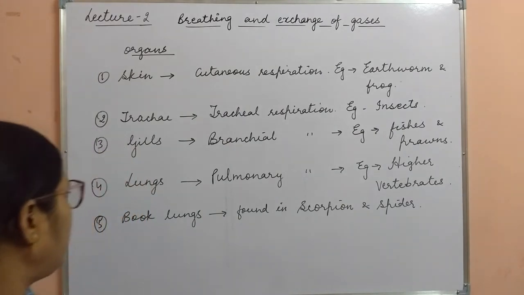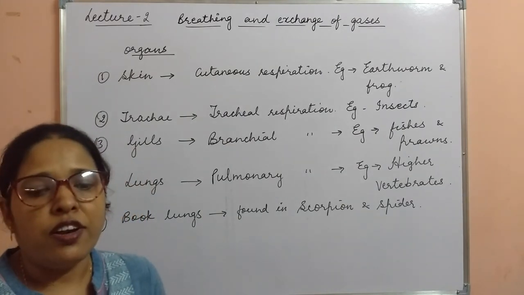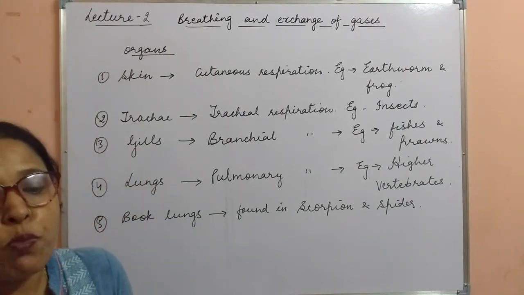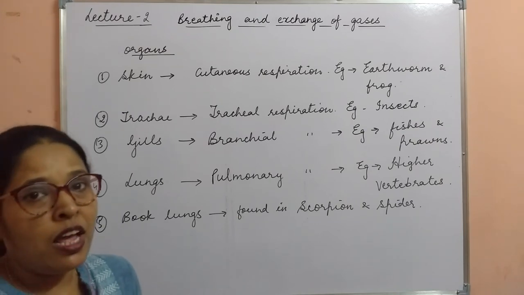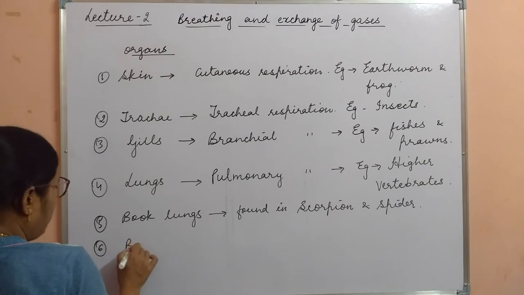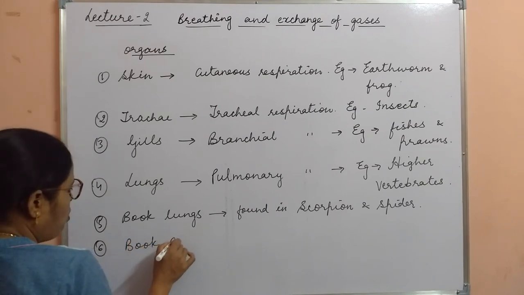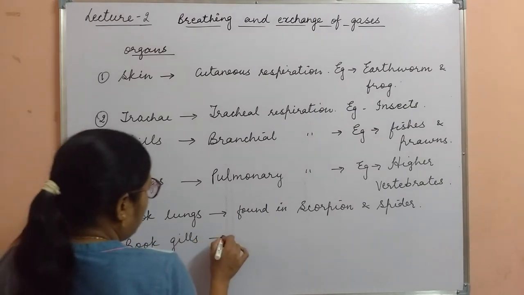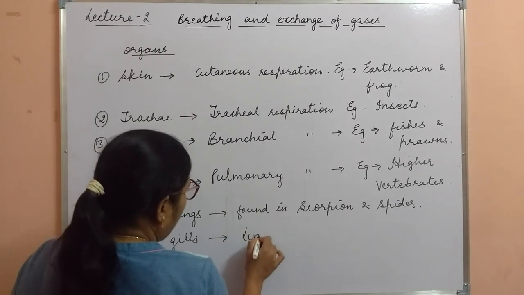So these are important organs for respiration. Next one is book gills, which are found in Limulus. Limulus is an aquatic organism.